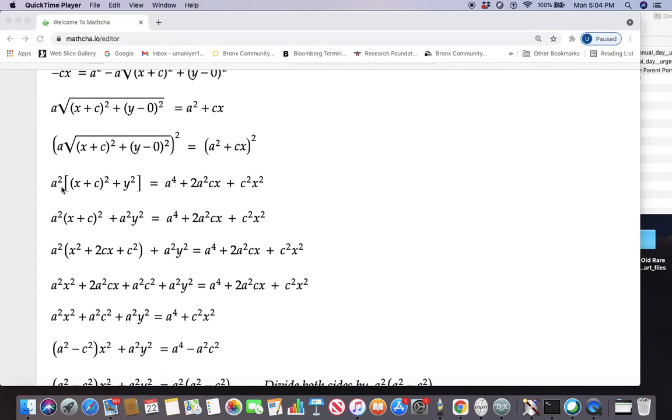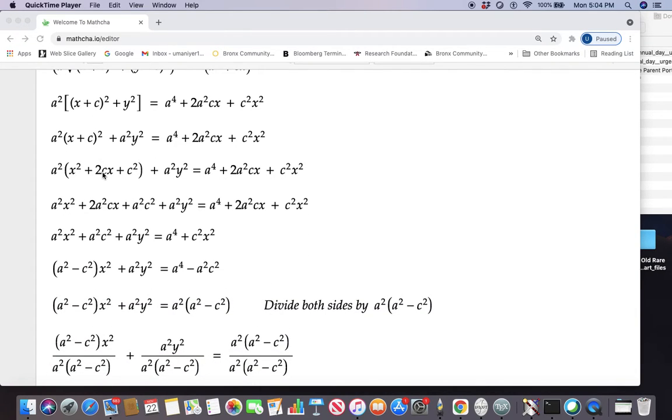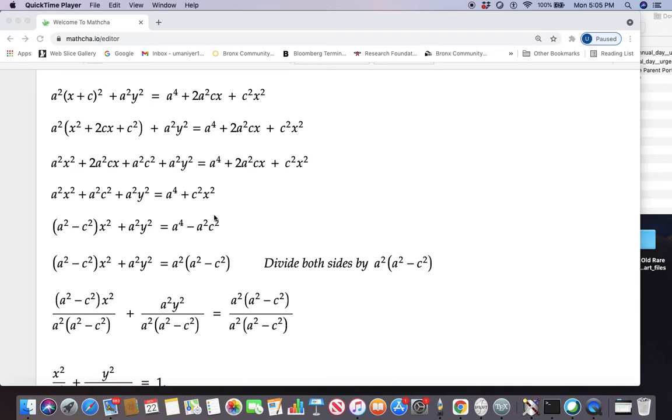I had two terms inside the radical, so I have to distribute the a squared to both. Open this.